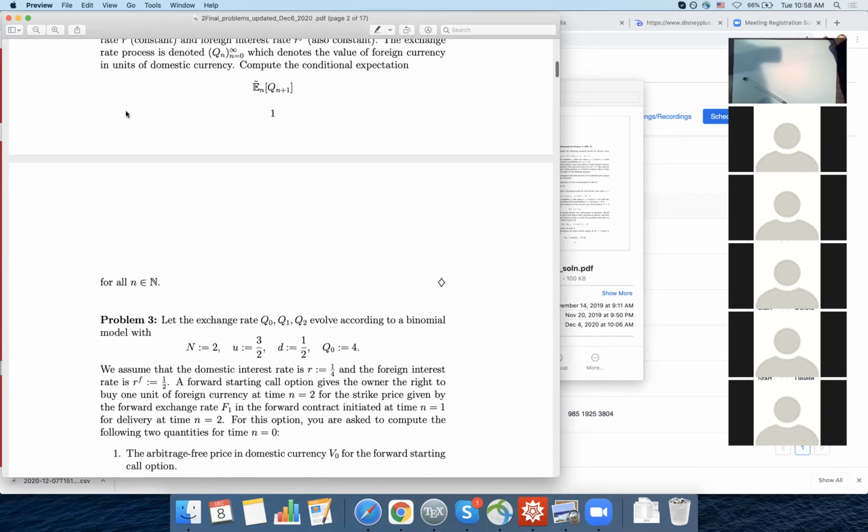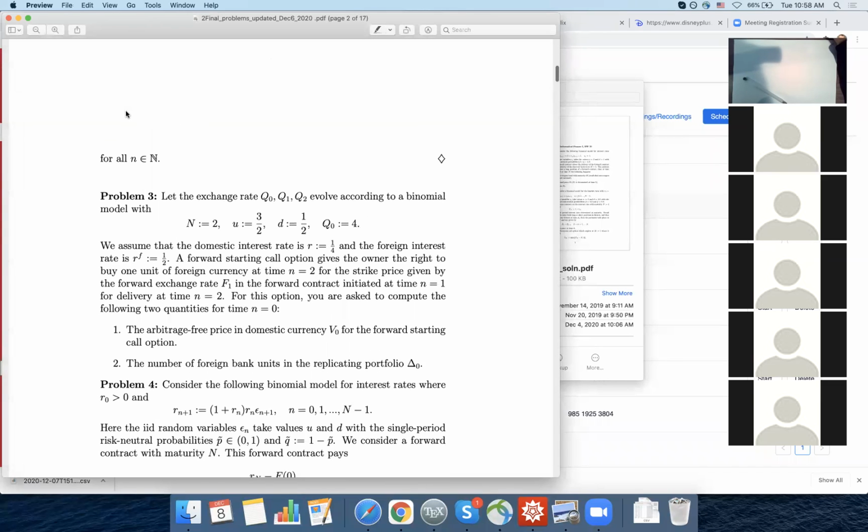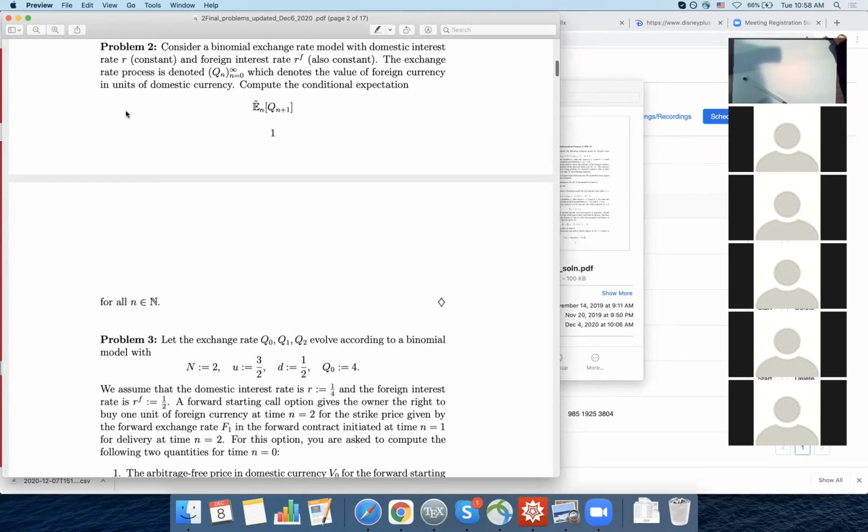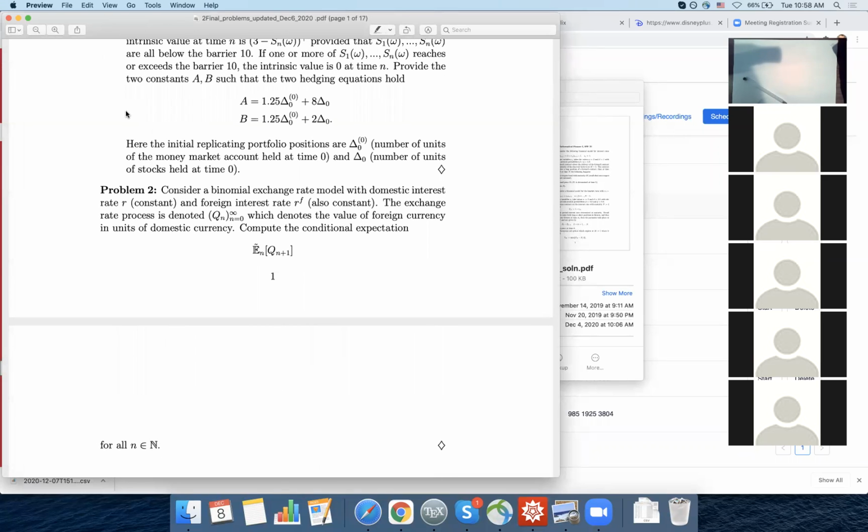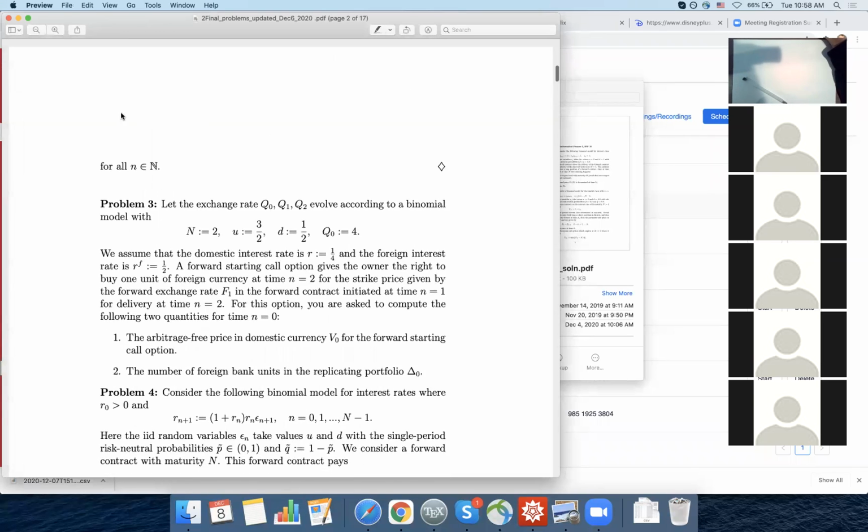There are a couple of foreign exchange problems. The first one is this one here, number 2. There's a new problem number 3 in the sheets that are up there for the exam. The reason is that the old problem number 3 was about Black-Scholes, and we didn't do Black-Scholes this year.